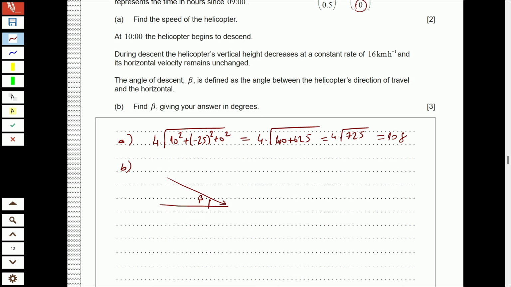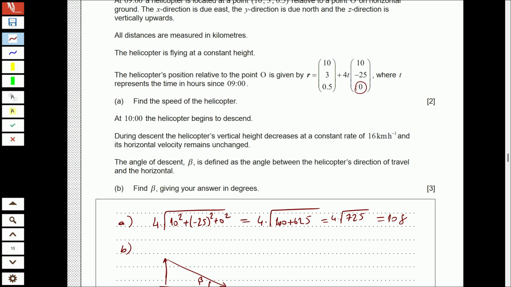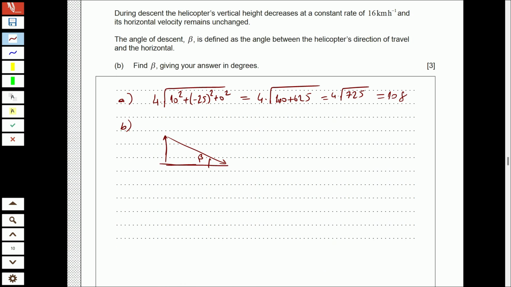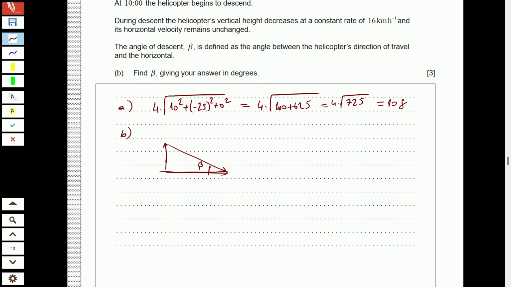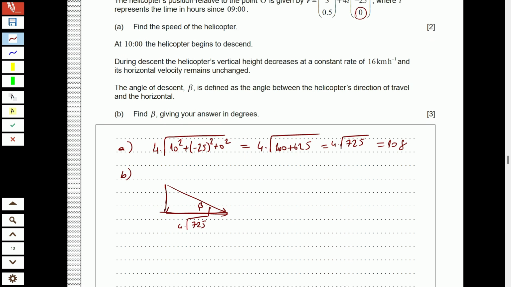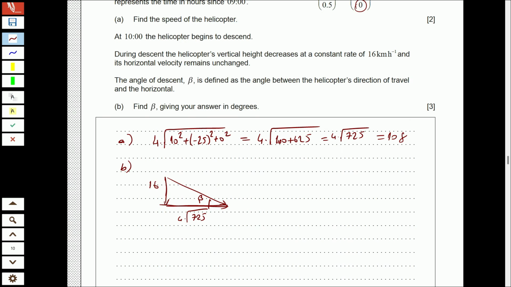In the previous question, we found the speed of the vector while it was going in the horizontal way: 4 times the square root of 725. But now it's going down with a speed of 16 per hour.